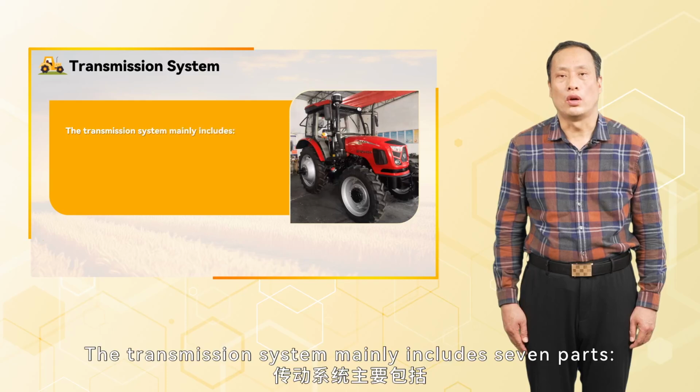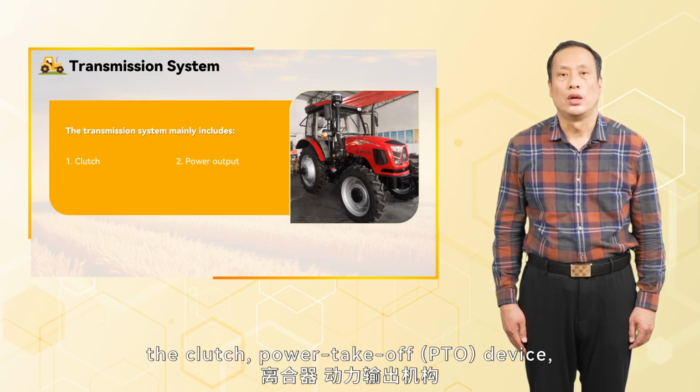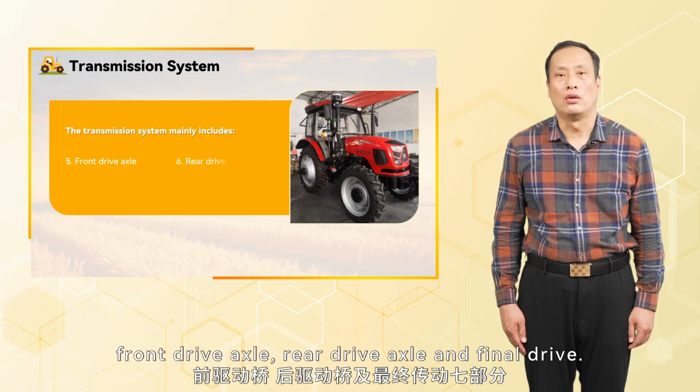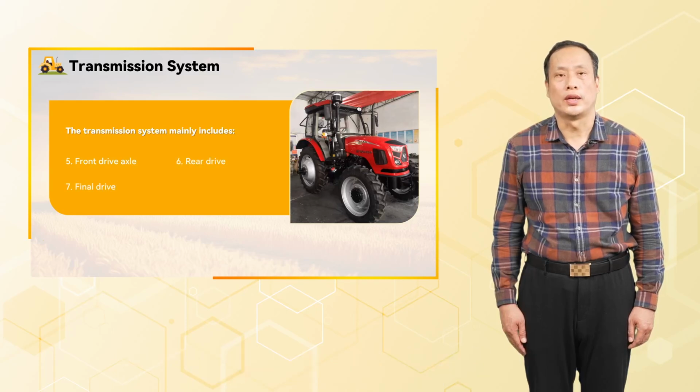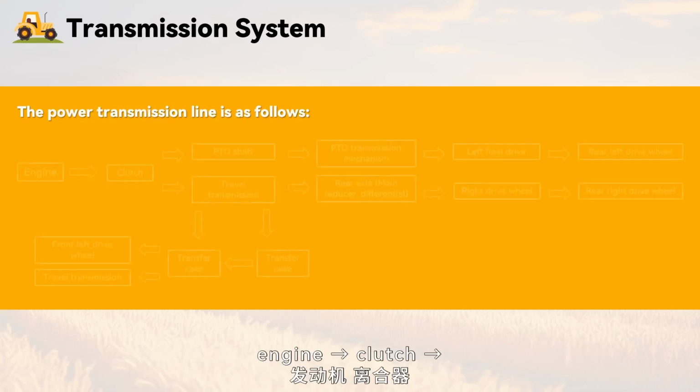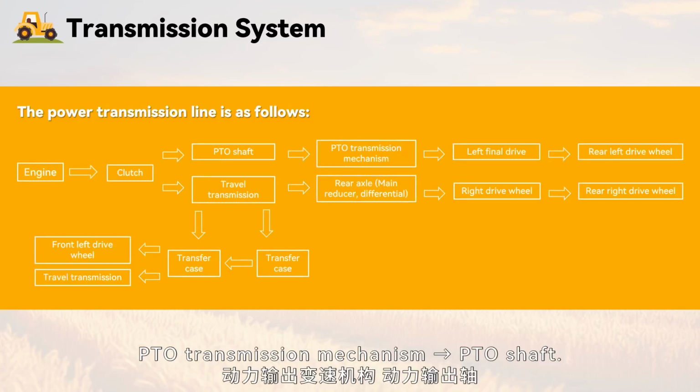The transmission system mainly includes 7 parts: the clutch, power takeoff (PTO) device, transmission, transfer case, front drive axle, rear drive axle, and final drive. The power transmission line for the PTO is as follows: engine to clutch to PTO transmission mechanism to PTO shaft.